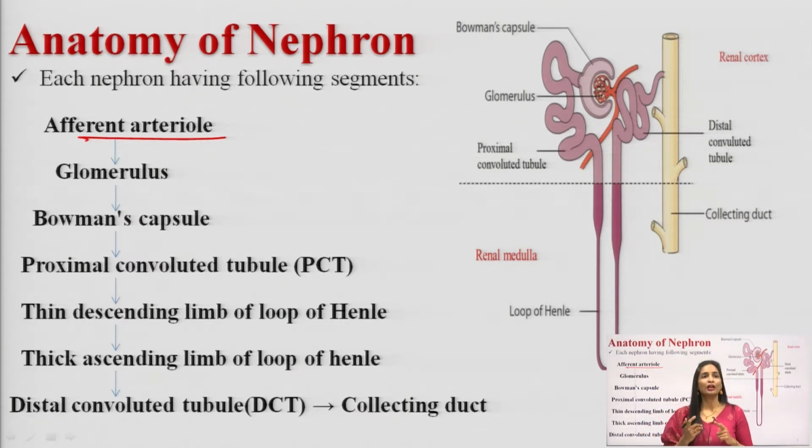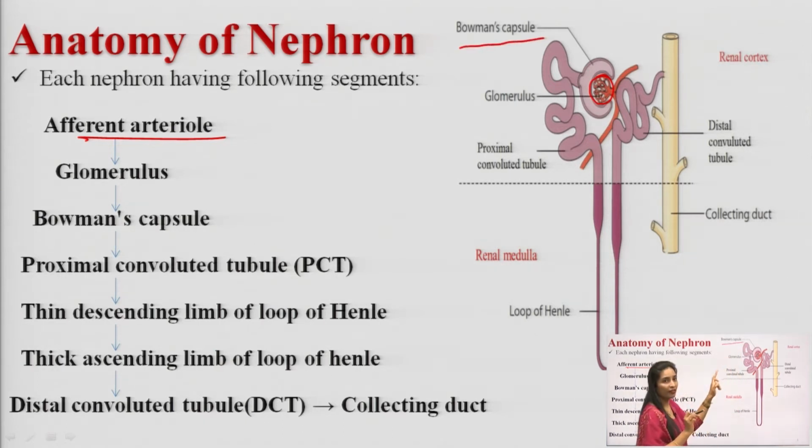First is the glomerulus. What is a glomerulus? This is the glomerulus, a mesh-like structure, shown here in red. The glomerulus is surrounded by a capsule, which we call Bowman's capsule.